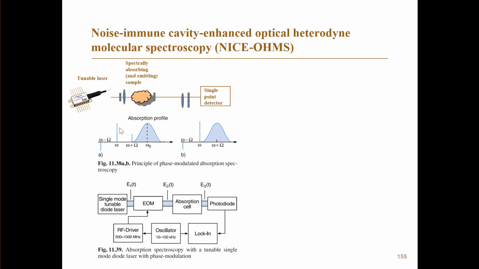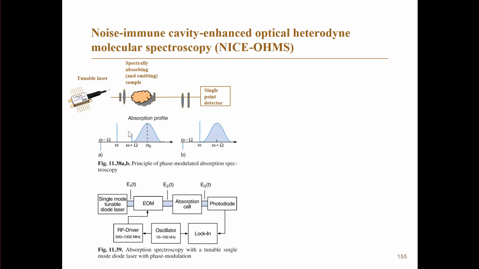So we can tune the laser before the modulator, which means that we can move one sideband into this absorption. And if one sideband moves into the absorption, that means that this sideband will be partially absorbed after we have passed our signal.